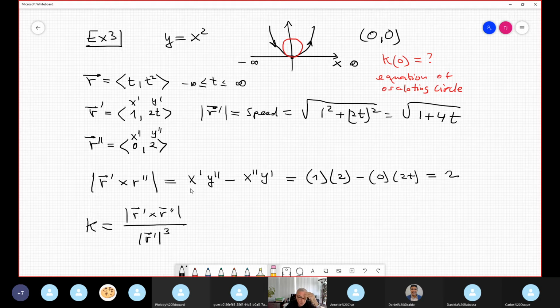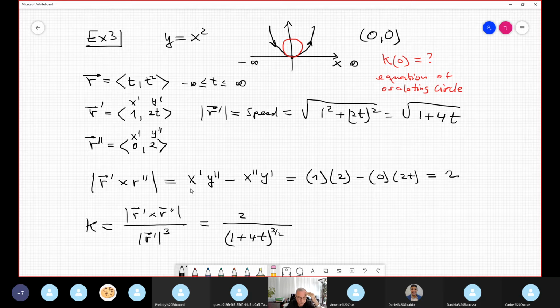The famous formula for the curvature is 2 over 1 plus 4t squared, raised to the 3 halves. Because the cubic and square root together, it's 3 halves.